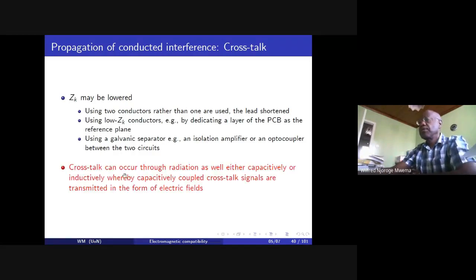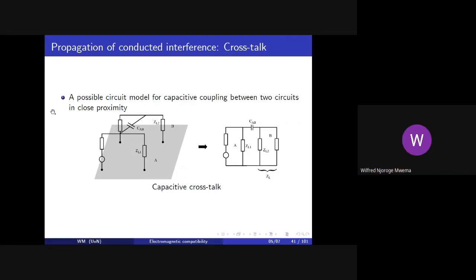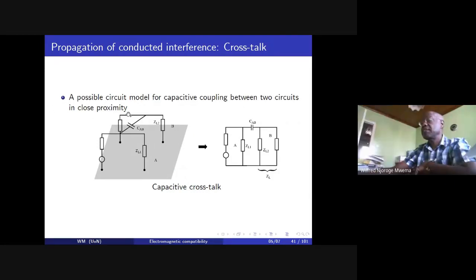So crosstalk can occur through radiation as well, either capacitively or inductively, whereby the capacitively coupled crosstalk signals will be transmitted in the form of electric fields. So a possible circuit model for capacitive coupling between two circuits in close proximity is as follows.